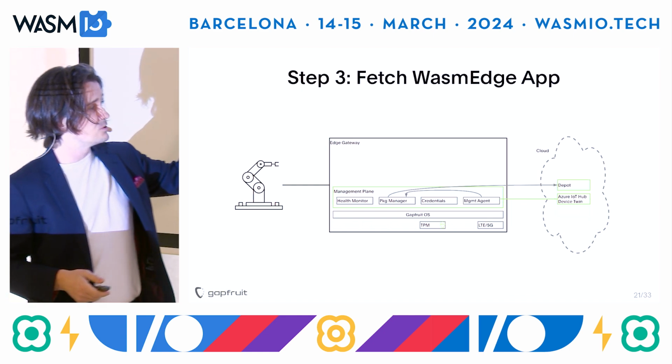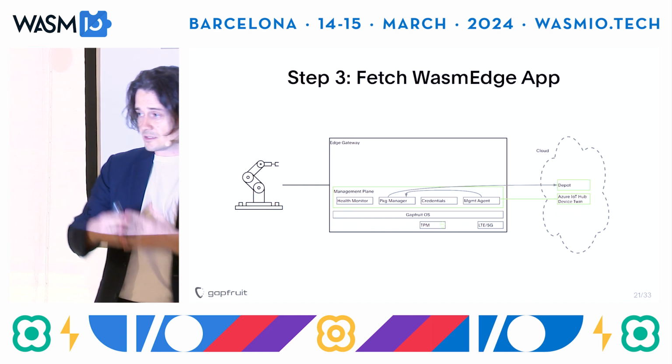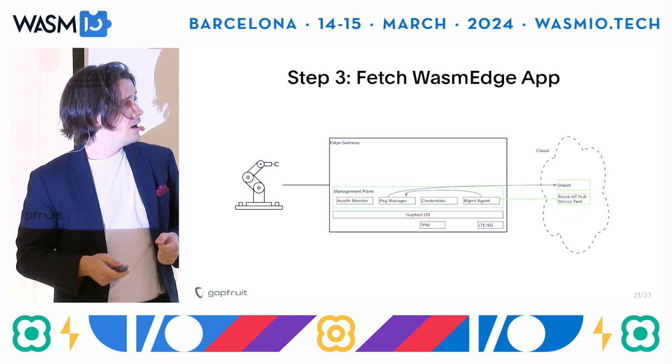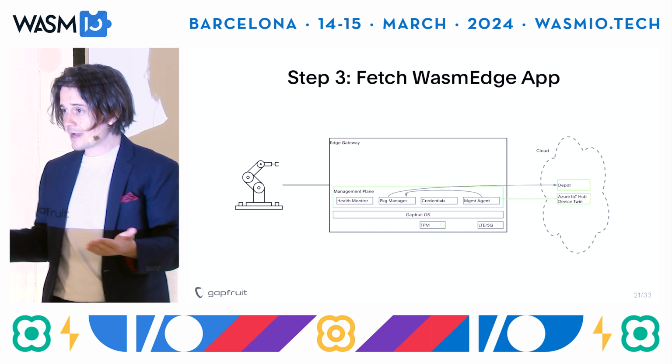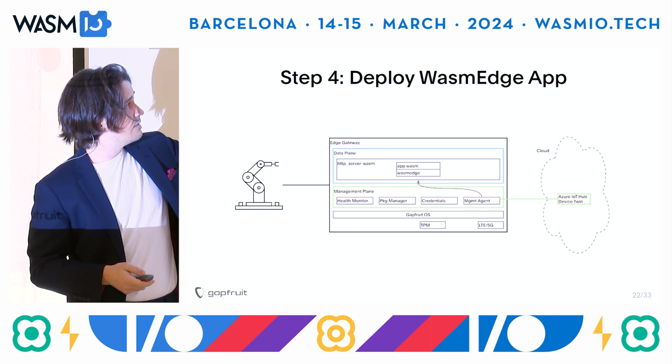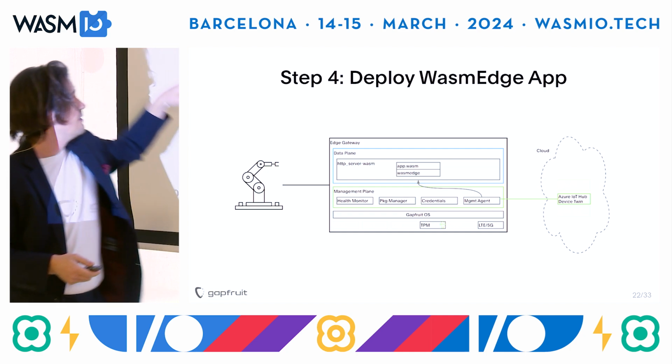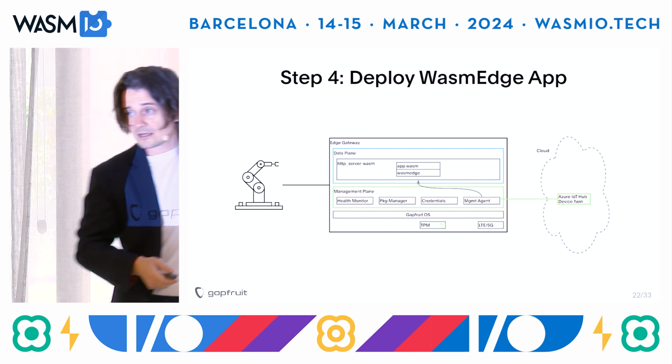And the management agent will then know, all right, this is the desired state. So there is some software that I need to pull, and the package that I deployed before. And then once everything is installed, we can spawn that Wasm Edge app, and the robot is able to connect to that app.